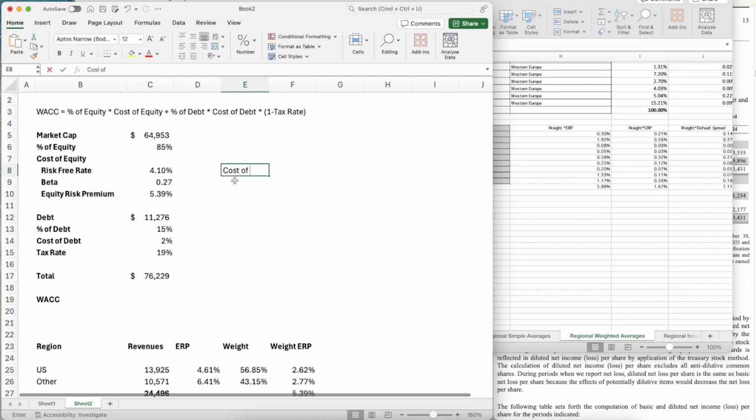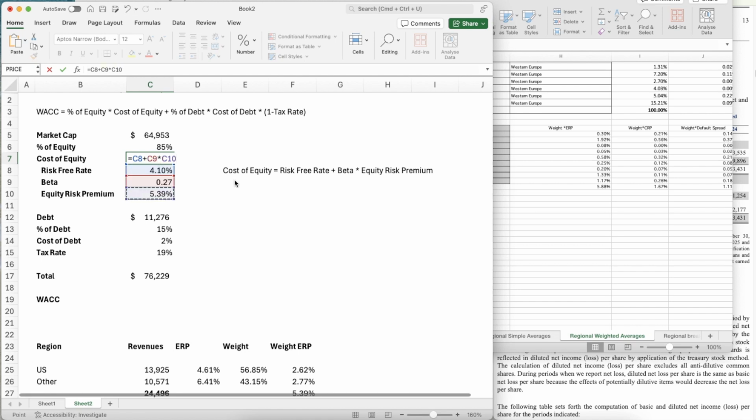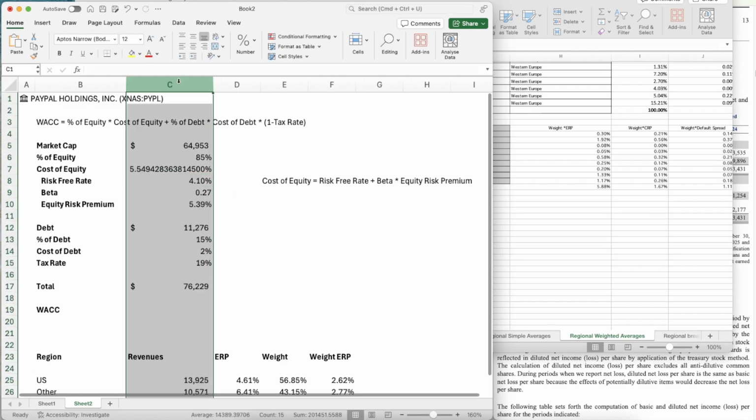So your cost of equity equals your risk-free rate plus your beta multiplied by your equity risk premium. Hide.